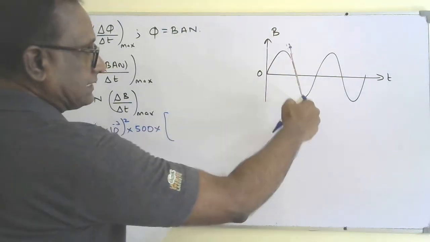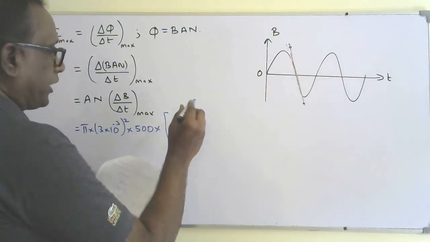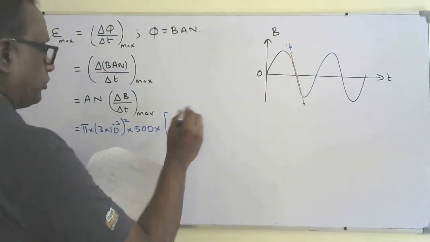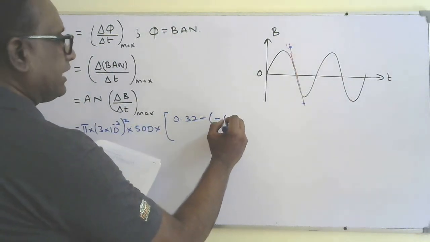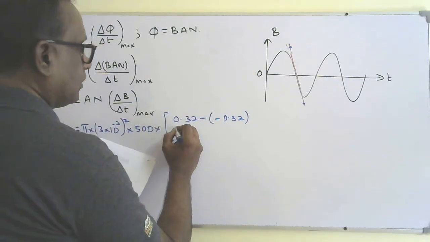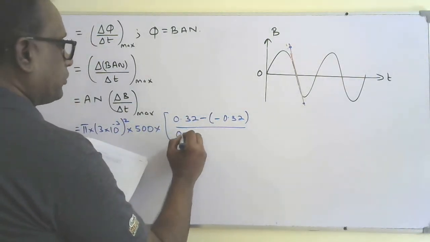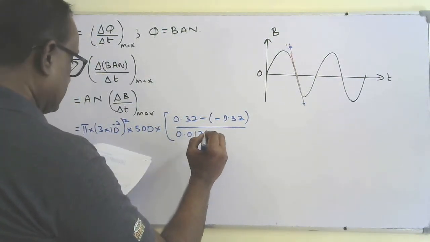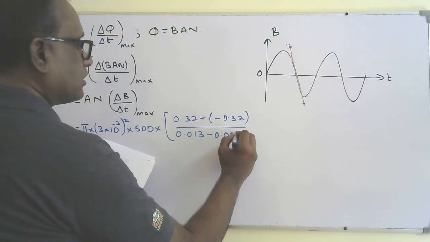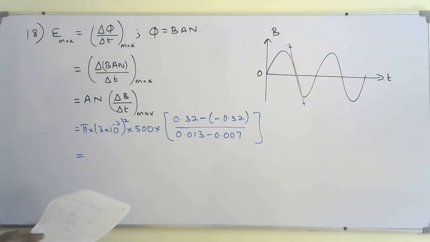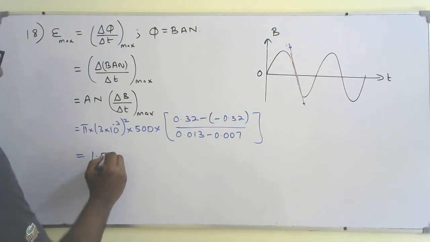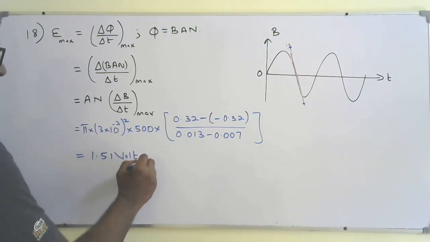I drew a tangent here, so those are the two points. I'm taking two clear points, 0.32 minus minus 0.32, over 0.013 minus 0.007. Solve it, you will get the answer. So that will be 1.51 volt.